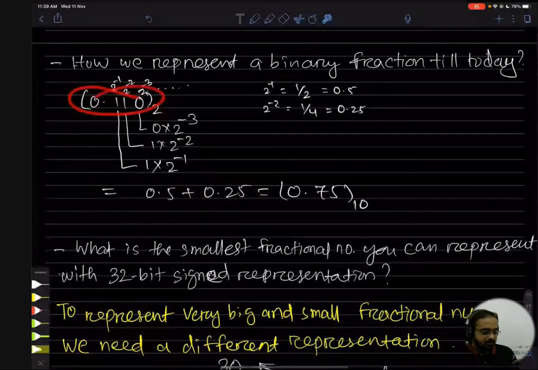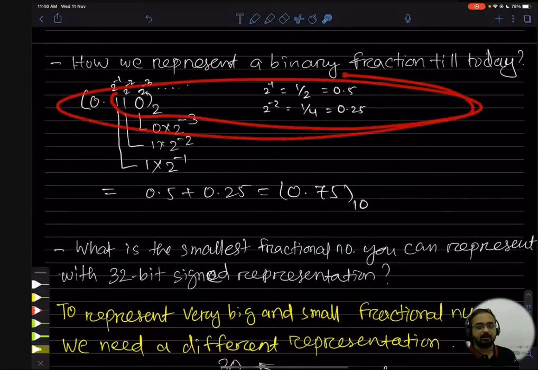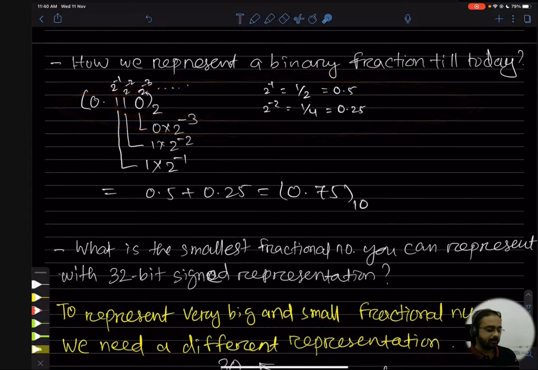Suppose you have 32 bits of space available, and the smallest number that you can represent is not the smallest number that we will use in our scientific work.